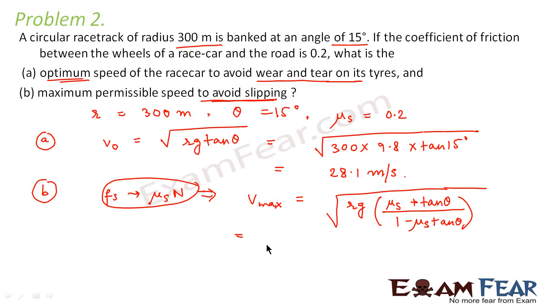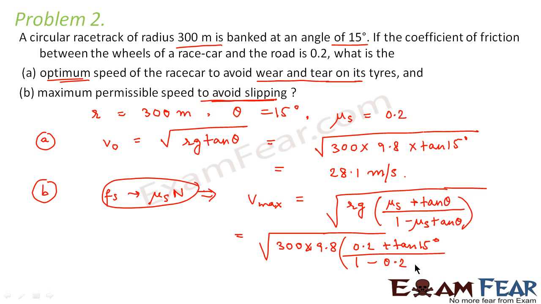Now again here we put the values. R is equal to 300, g is 9.8, mu s is 0.2 plus tan 15 degree divided by 1 minus 0.2 into tan 15 degree. So once you calculate this, you get the value as 38.1 meter per second.